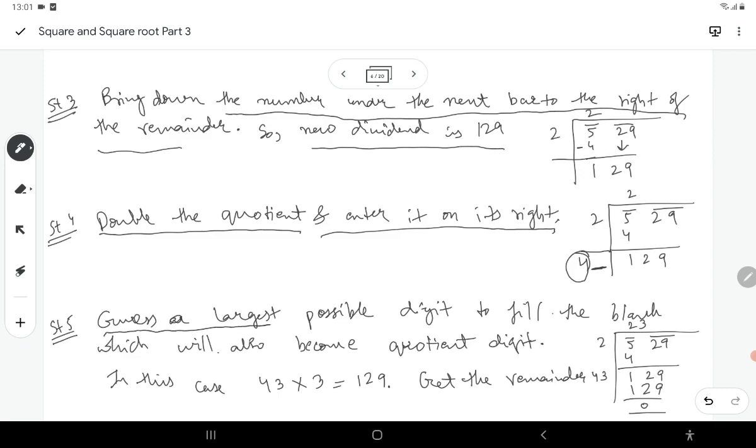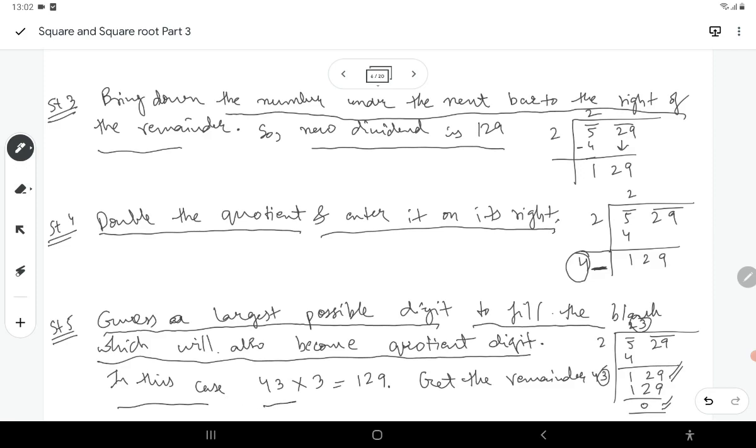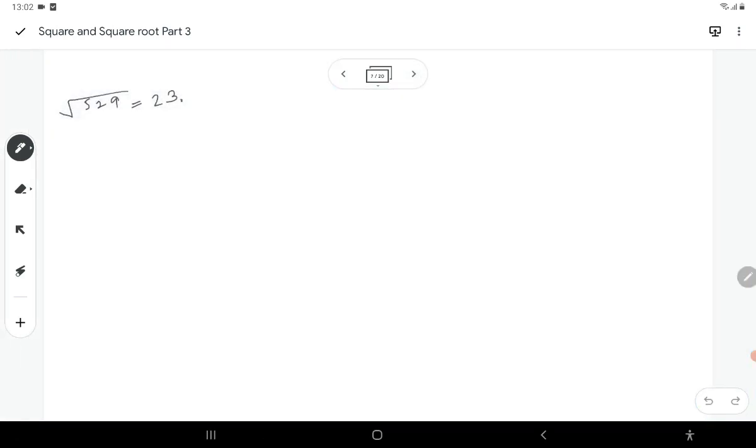Next step is to guess the largest possible digit to fill the blank on the right side of 4, which will also become the quotient digit. So in our case 43 into 3 is equal to 129 and the remainder becomes 0. So finally the square root of 529 comes out to be 23.